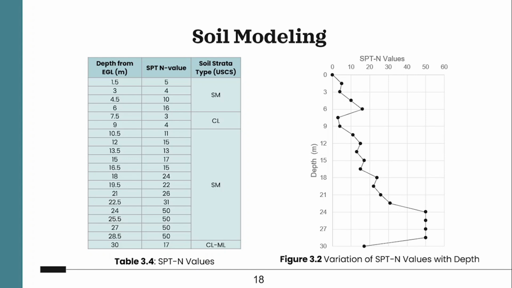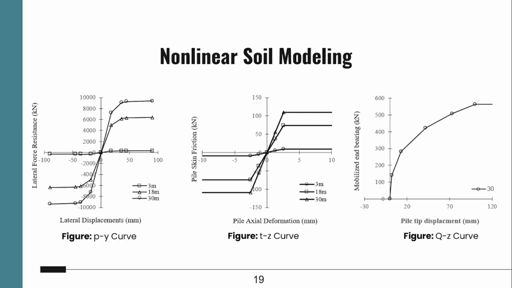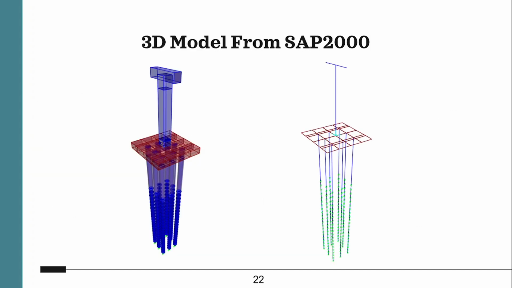This is the soil data, and the nonlinear soil modeling has been done. The PY curves, which are the lateral load versus displacement curves, have been generated according to the API guidelines, and the TZ and QZ curves are generated according to the AASHTO 2020 guidelines. The 3D model that we have done in this app has been shown.